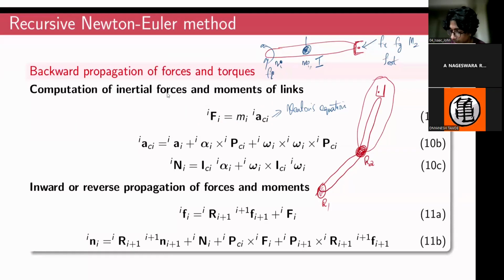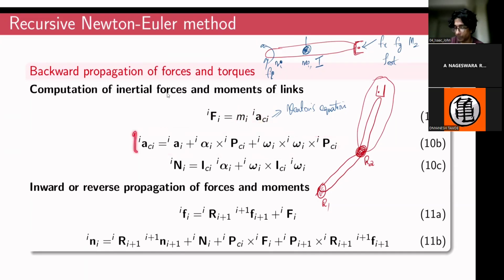So this term, mass multiplied by the acceleration of the center of gravity, is nothing but the linear inertial forces contributed by the motion of the rigid body itself. And to obtain this acceleration of the center of gravity, we need one more equation actually.